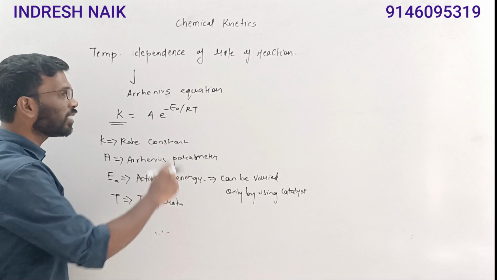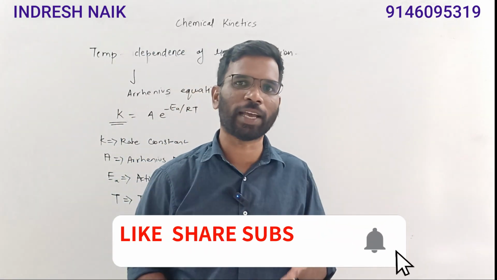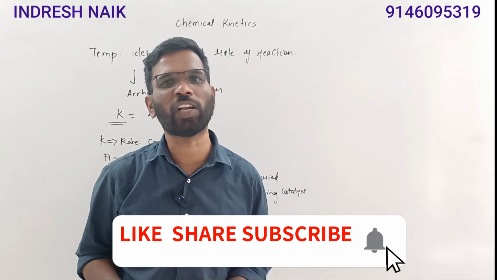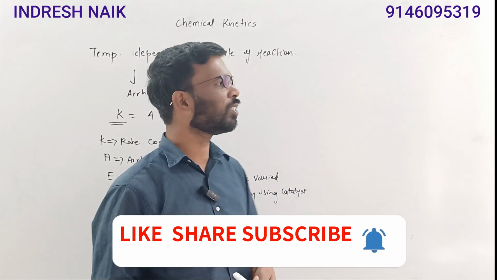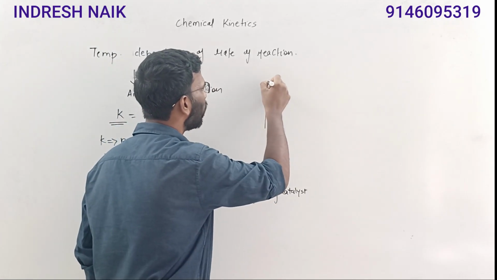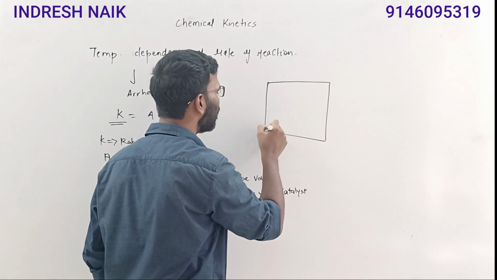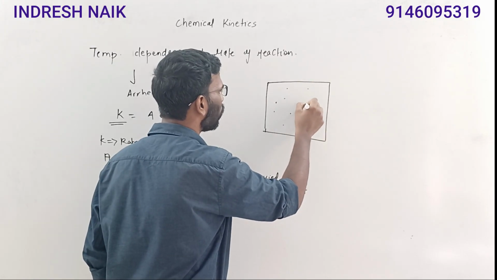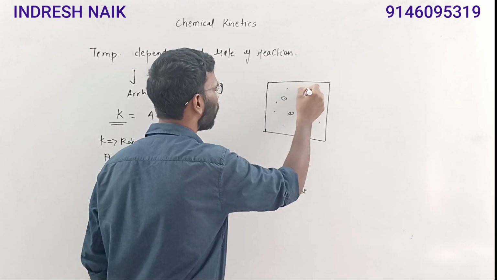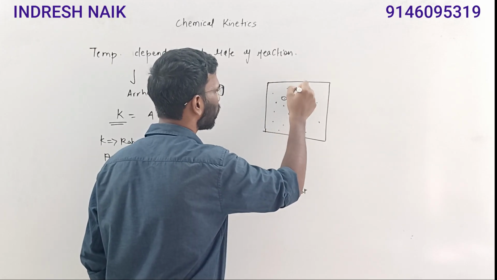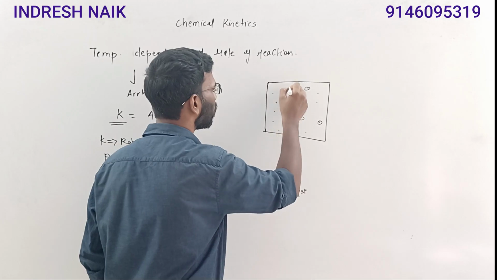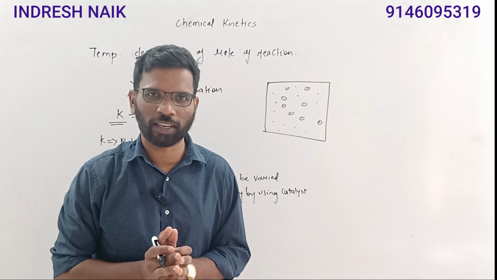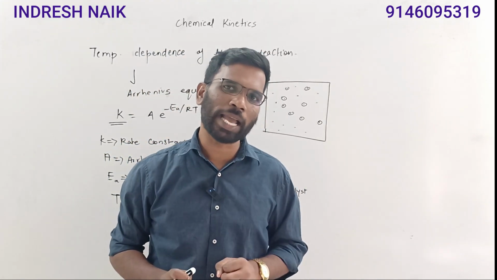It is said that for every 10-degree rise in temperature, the rate of reaction always doubles. Means we can say the rate constant doubles. Why? What is the reason? See, there is a container. When does the reaction take place? Let's say these are the particles in a container, two kinds of particles. When all these particles collide with one another, there will be a reaction between them.